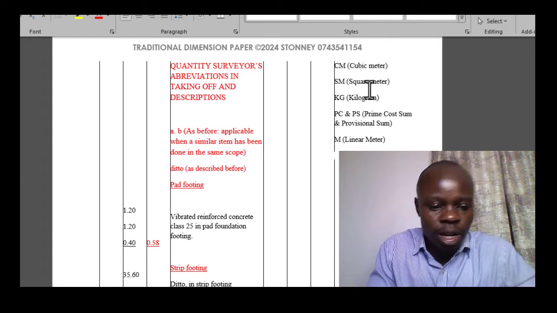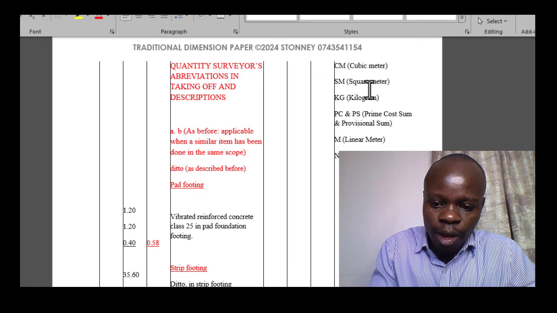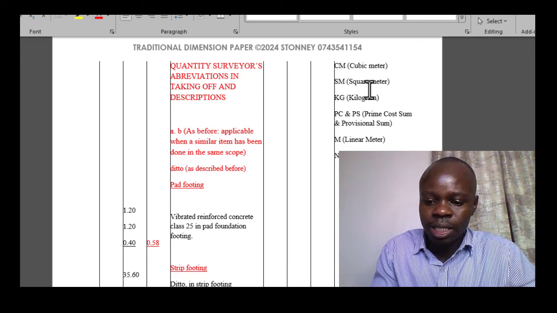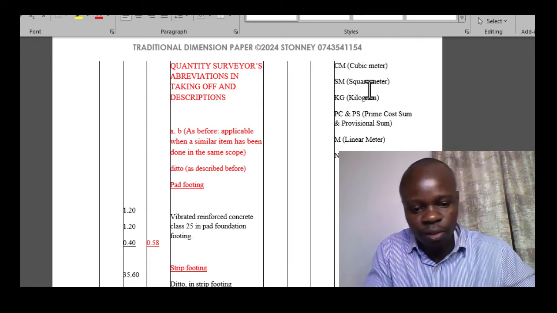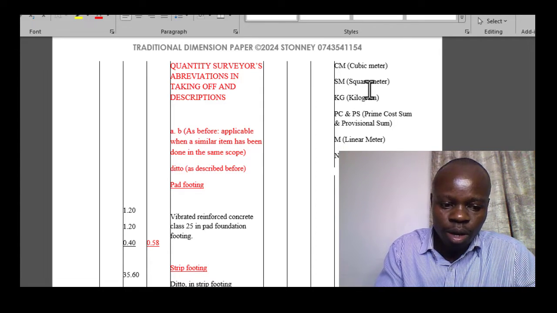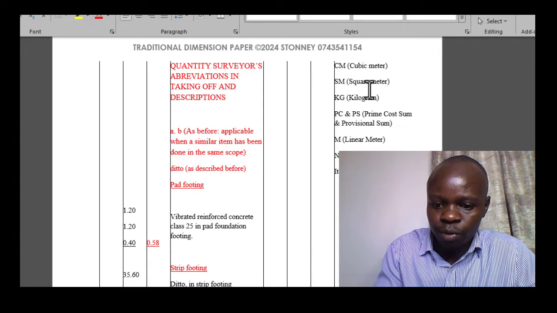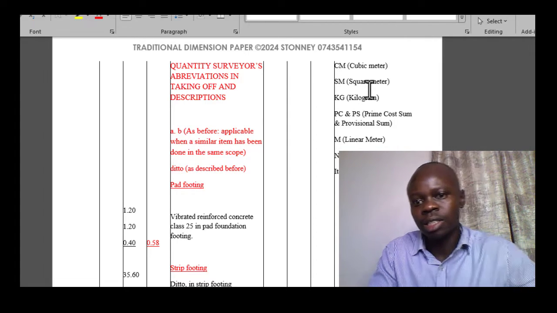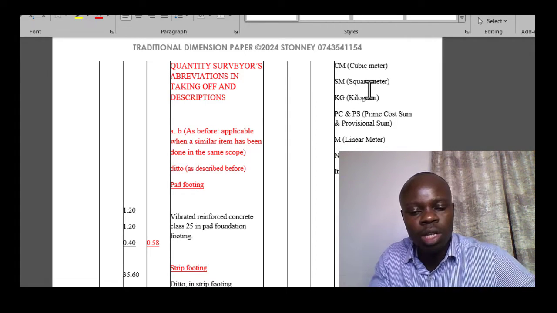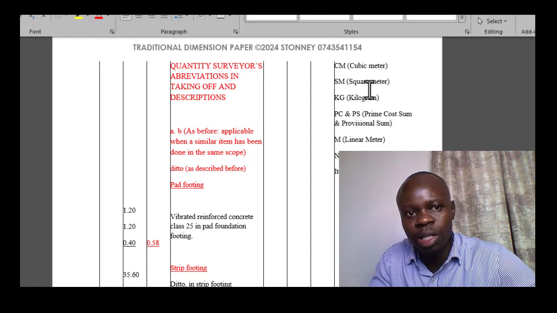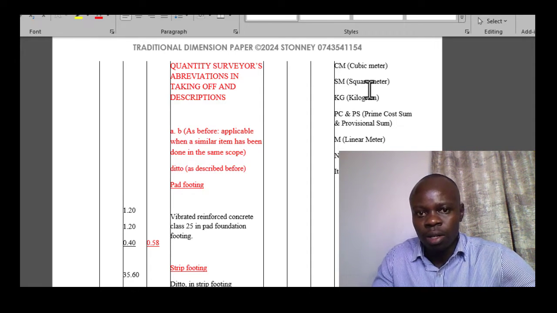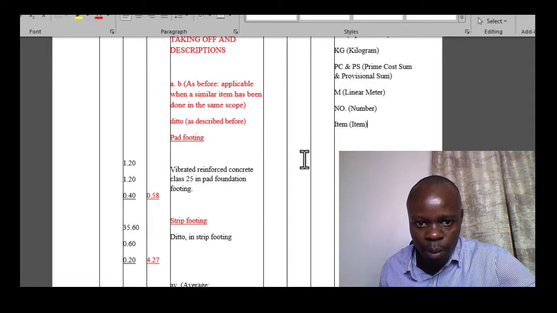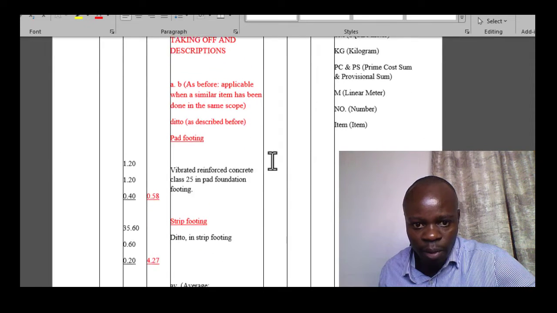Then we have number, always given as NO. So this one is standing for number. Of course, item will just be represented by an item as it is, for those ones that are always measured as items. Then I believe that is it for the abbreviations.